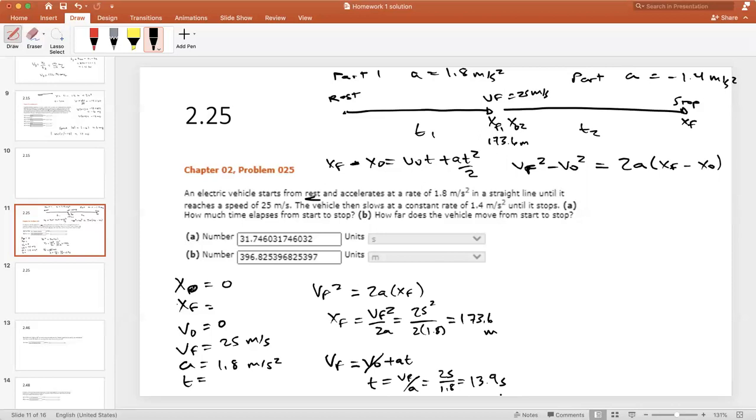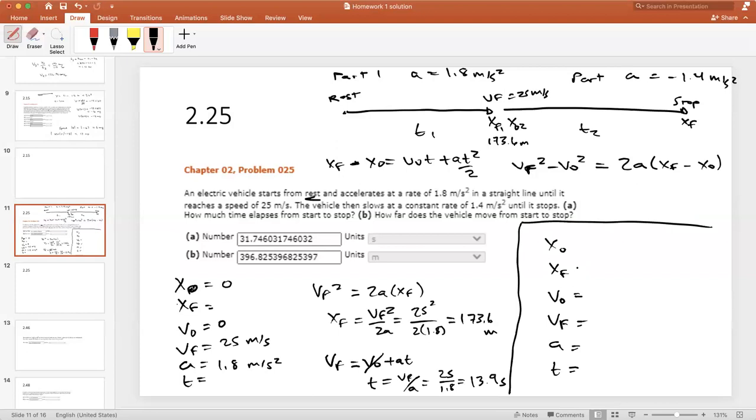So now that we have this, here's the trickier part. We need to do part 2, and we reset our variables for part 2. I could put little 2 subscripts on this. I'm not going to. I'm just going to write what they are and tell you what they are. Part of the reason why I wanted to do this as a video. So x initial for part 2 is actually x final for part 1. And x final here is x final for the whole motion, whatever this value is, the total distance from starting to stopping.